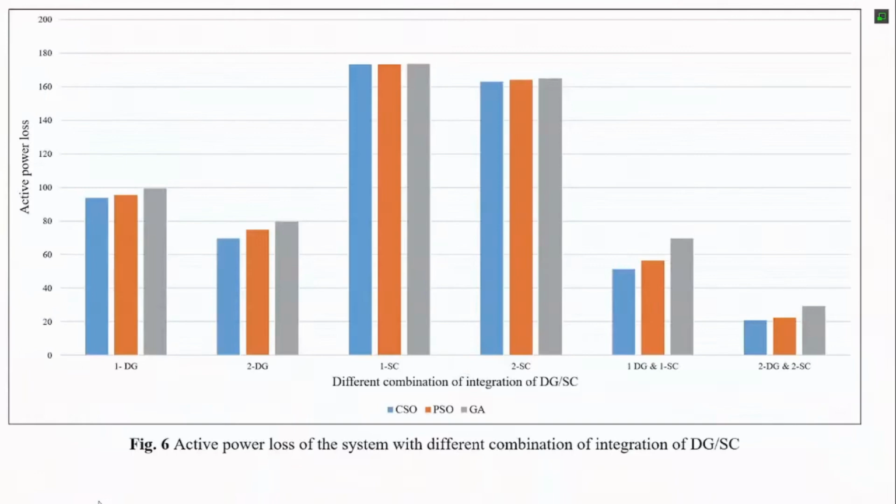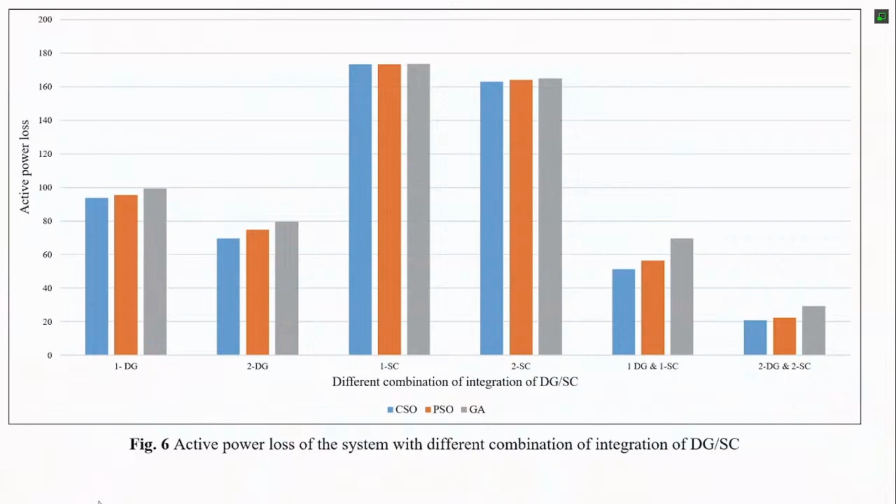Based on that, I went for the calculation for different combinations. When we place a single DG and solve the problem with three optimizer algorithms, one is the competitive swarm optimizer algorithm, another is PSO, the particle swarm optimizer algorithm, and the third is the genetic algorithm, we may see that the active power loss has a certain reduction.